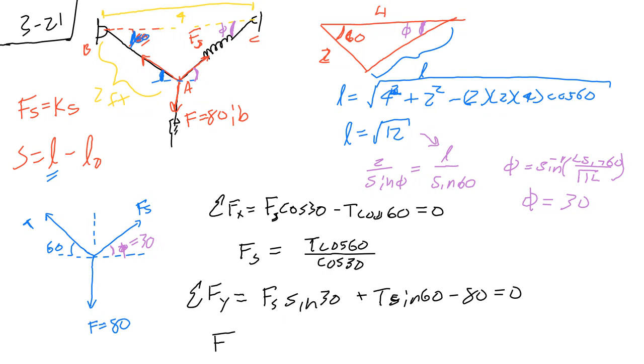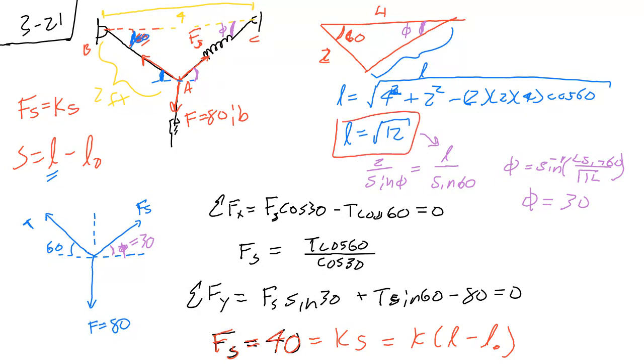But you should get the spring force equal to 40. So I'm skipping to this: spring force equal to 40. Or another way, spring force is equal to K times S. Okay, so S is going to be L minus L naught. Well, we know K, we're trying to solve for L naught, the unstretched length. And we know L from here.